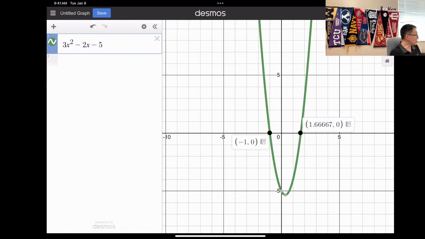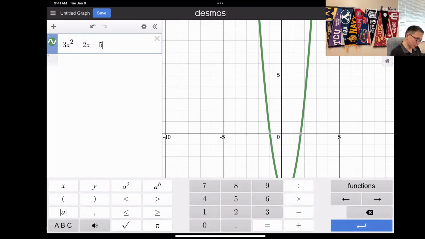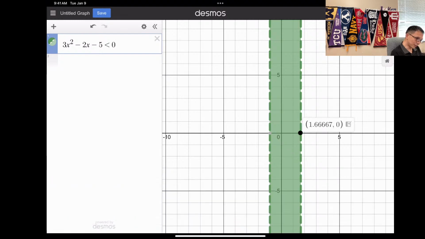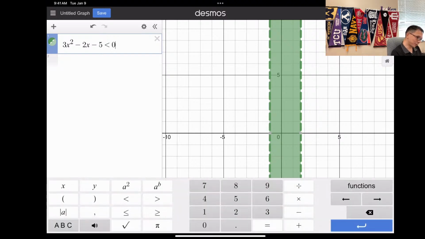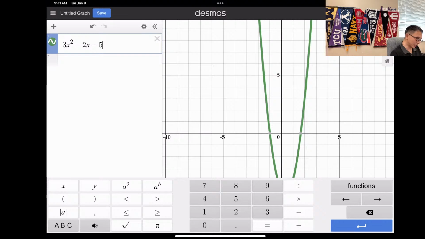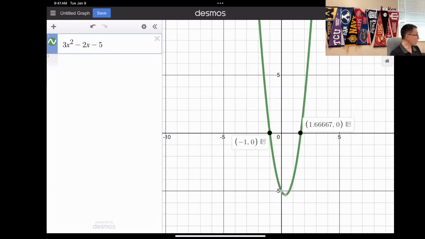From which x value is it below the axis? -1 to 1.666, which is 5/3. So you can see it from the graph. Now, if you do less than 0, it's going to show up like this, which I don't prefer, but at this point you can click on it. It's the region between those values. But I prefer you actually understand it like this and just say they are below the x-axis. And that's how you check your answers. Does that make sense? Okay.